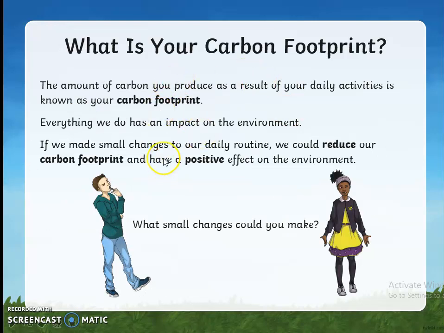The amount of carbon you produce as a result of your daily activities is known as your carbon footprint. Everything we do has an impact on the environment. If we made small changes to our daily routines, we could reduce our carbon footprint and have a positive effect on the environment. What small changes could you make?